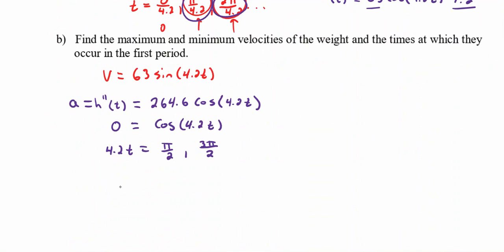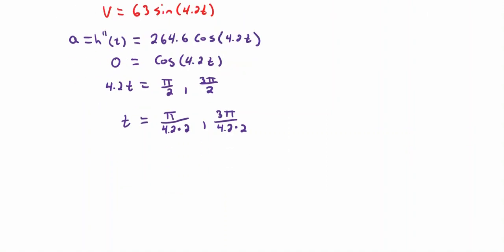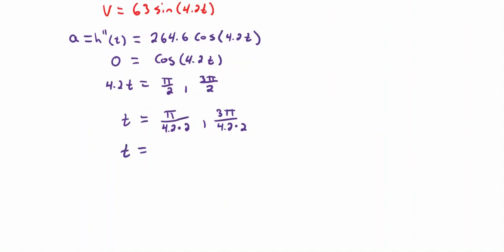So now we'll say t is equal to pi over 4.2 times 2, I'm just dividing everything by 4.2, and then 3 pi over 4.2 times 2. Now simplify that up a bit. I'm going to multiply the top and bottom by 10. So 4.2 turns into 42, and the 10 and the 2 turn into a 5.